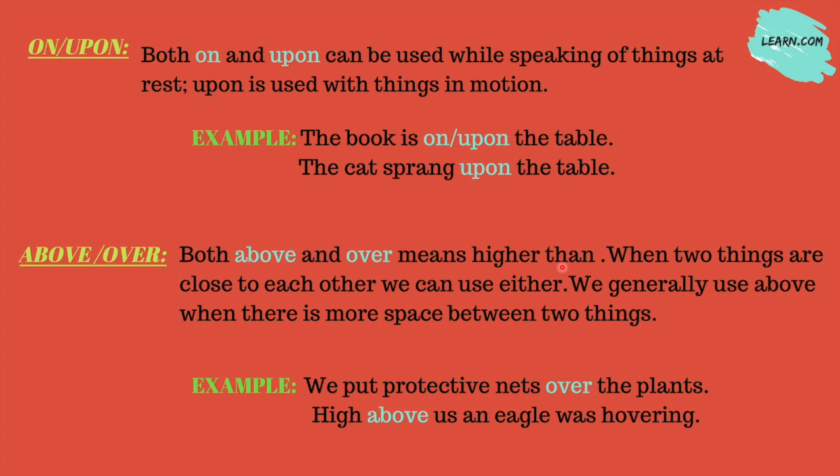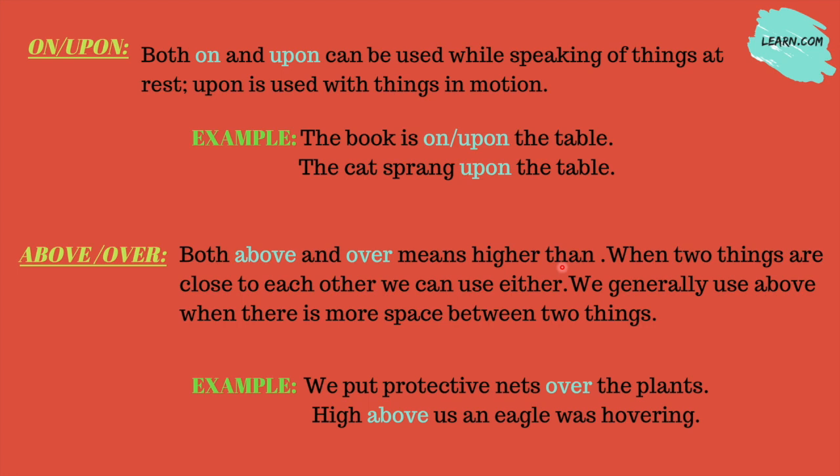Whenever we want to show the level, even when we say above or over, we are comparing two things with reference to the distance between them. So whenever the two objects are close to each other, meaning the distance between them is less, we can use either of them. Above will do and over will also do.